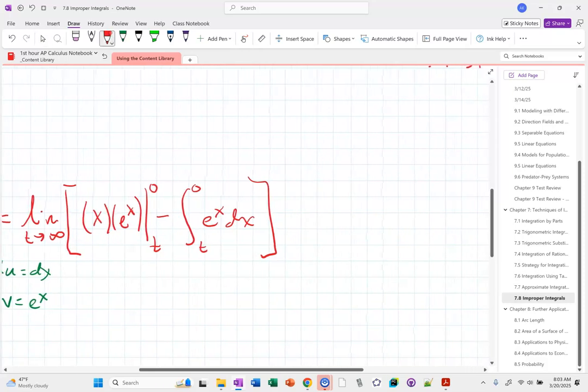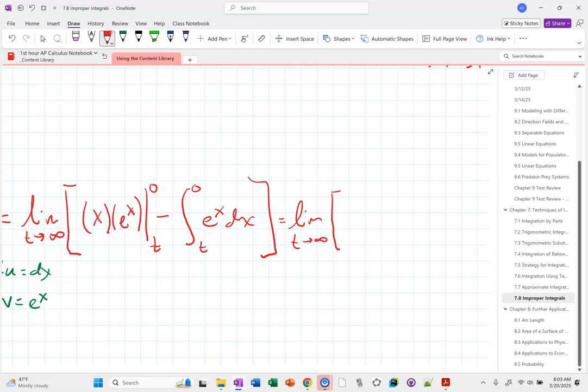Okay. So the antiderivative of e to the x is just e to the x, right? So I'm going to have x e to the x minus e to the x evaluated from t to 0.